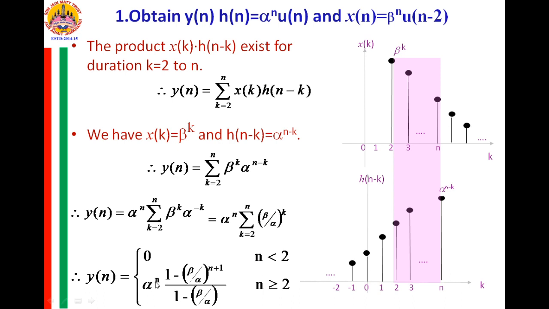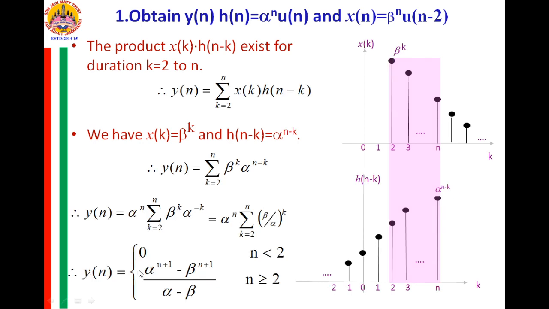So this alpha will become alpha raised to n plus 1, and therefore in the denominator you will get alpha minus beta. When you multiply alpha raised to n plus 1 inside the numerator, you will get alpha raised to n plus 1 minus beta raised to n plus 1 upon alpha minus beta. So this is for n which is greater than or equal to 2.